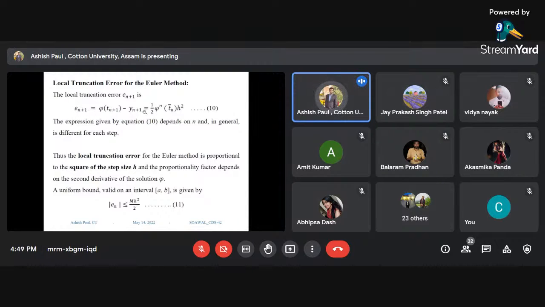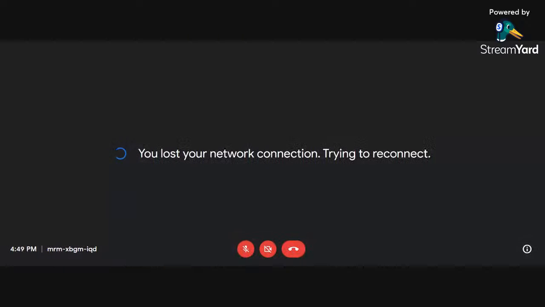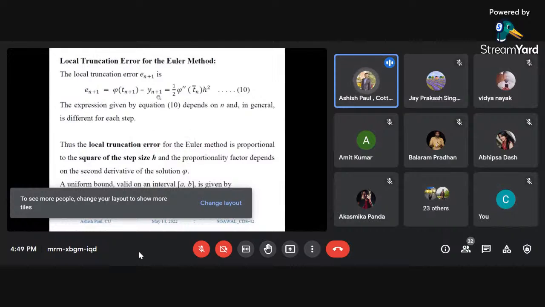This is the local truncation error, and its value is used to determine the error by a particular method.